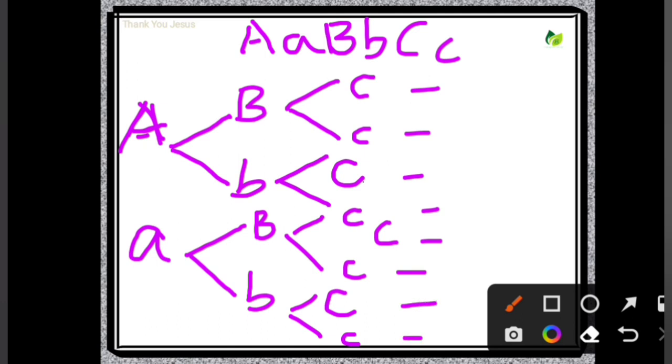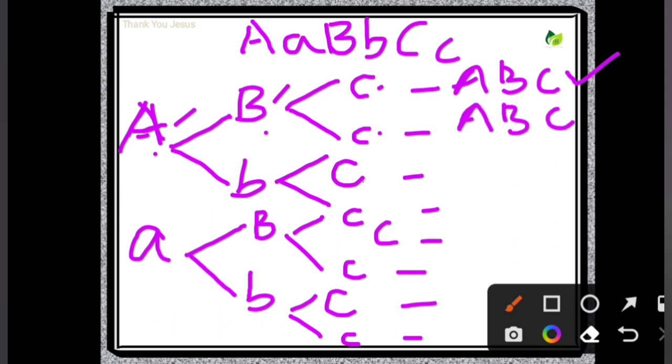Let's see. Capital A, capital B, capital C. So this is the first gamete, from all capital genes. That means all dominant genes will be derived into one gamete. Let's see the second combination. Capital A, capital B, small c. That is the second gamete. Let's see the next one.